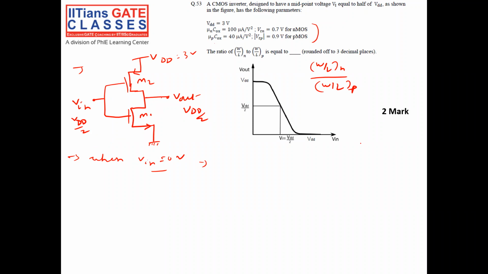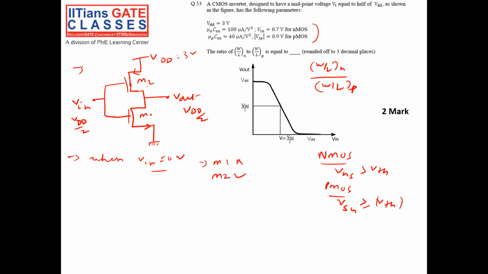First you remember for a transistor, NMOS VGS should be greater than or equal to VTH to make it on. For PMOS, VSG should be greater than or equal to the magnitude of VTH. When I apply 0 volt at the input, VGS is equal to 0, so M1 will be off and M2 will be on because VSG is VDD minus 0, which is VDD. So M2 will be on.